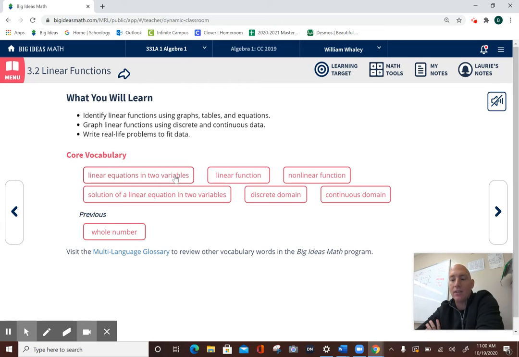You cannot have x and y multiplied by each other, okay? So really what you're looking for, you're going to have two variables. They can have coefficients, but they can't have exponents, and they can't be anything like square roots, logs, nothing. It's just two typical variables, and you can always set one equal to the other.